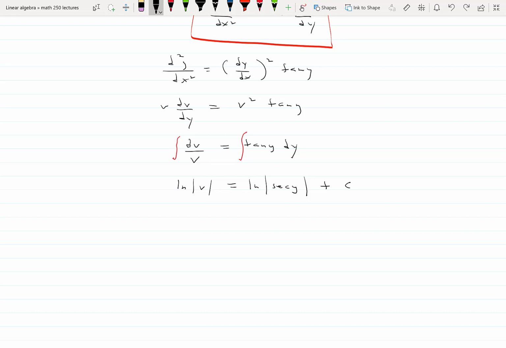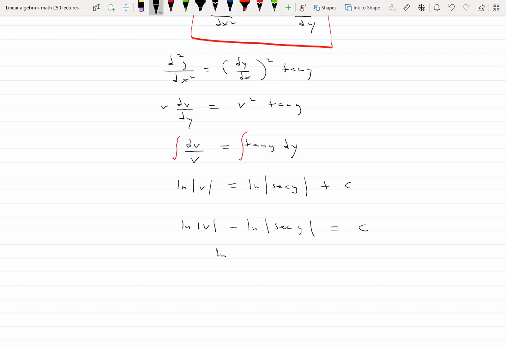Okay, let's solve for v. So I'm going to have ln v minus ln secant y equals c.